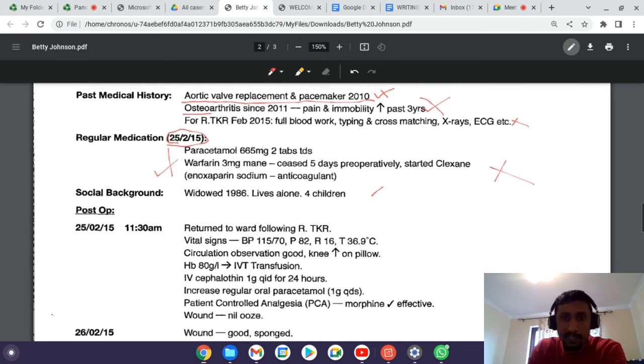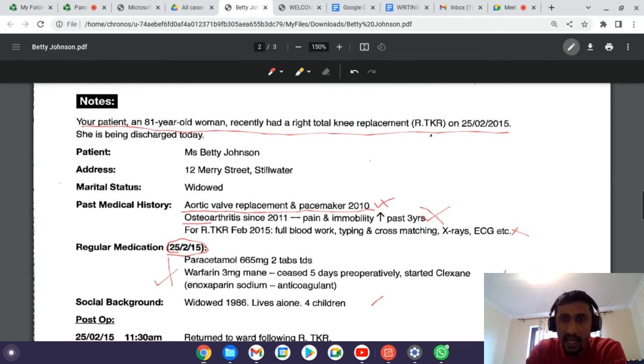Here you can see that the date for the surgery is 25/02/2015. That day you should always consider, because from that day onwards the patient is on paracetamol. You don't know that medication was started in the hospital for pain management.